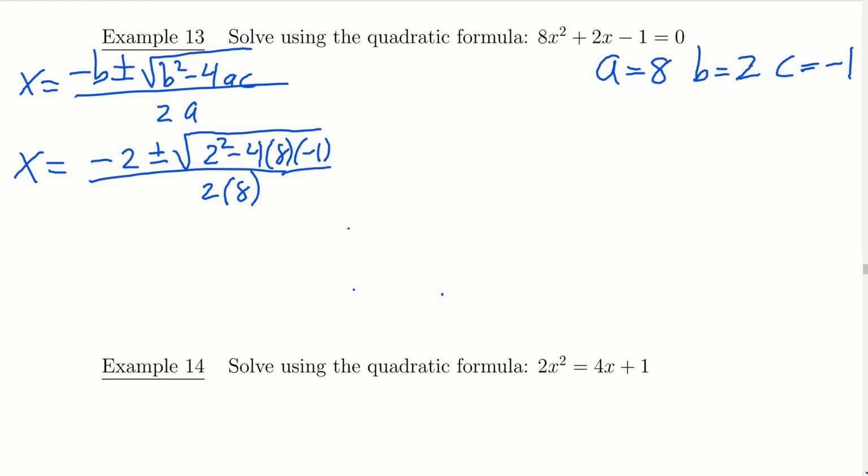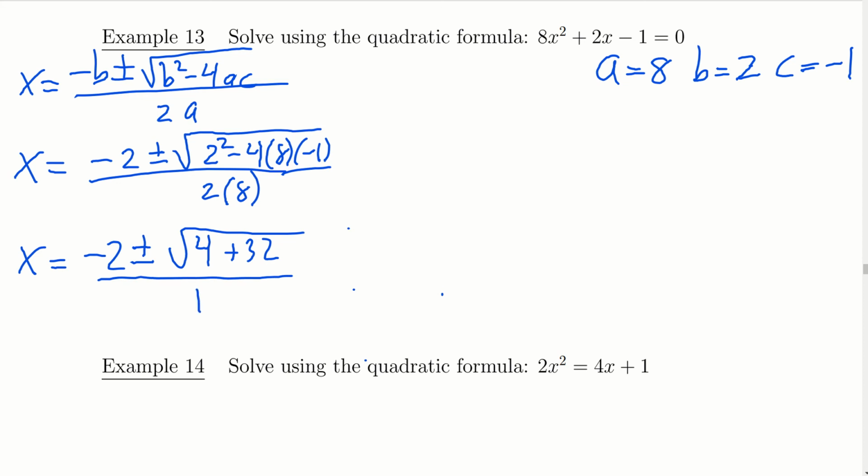Next, we're going to use order of operations to simplify this. We have negative 2 plus or minus the square root. On the inside, 2 squared is 4. We have negative 4 times 8 would be negative 32. But then the negative 32 times negative 1 is going to make that a positive 32. All divided by 2 times 8, which is 16.